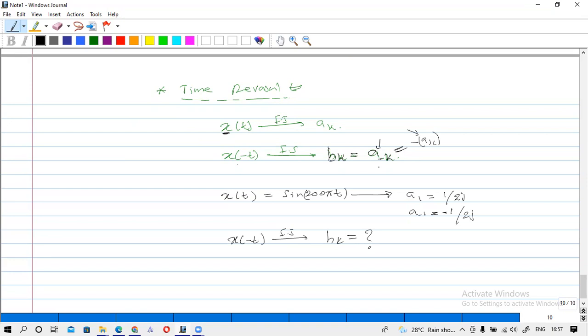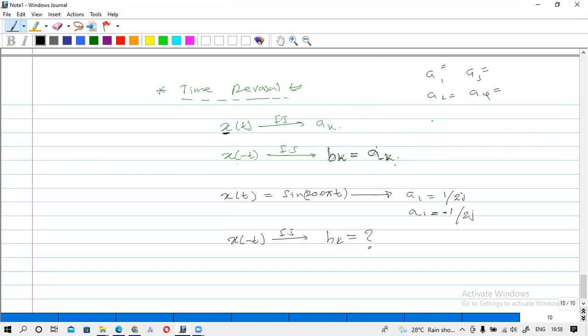It is a_-k, not minus a_k. Let's say we have a_1, a_2, a_3, a_4 terms, with some values here.